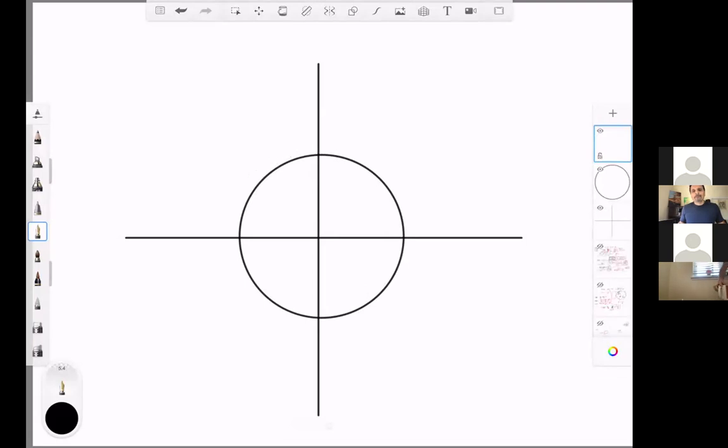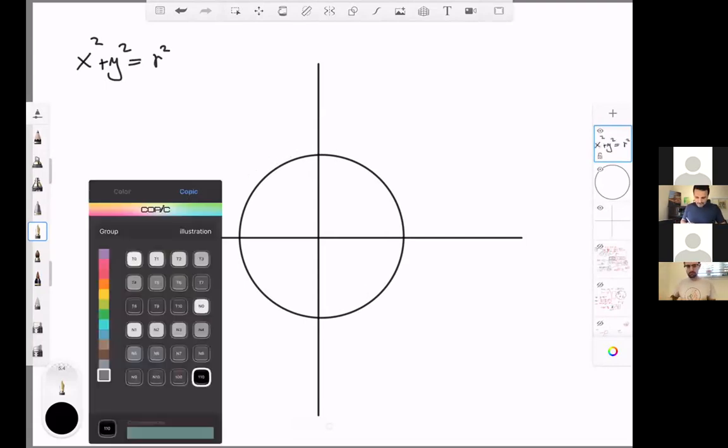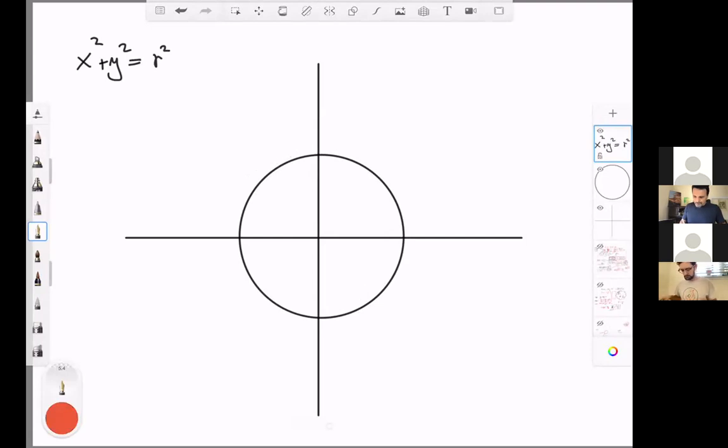This circle is the same as the first question that Karen asked us. The equation is x squared plus y squared equal to, not 16, I'm gonna call it r squared. That means that this is r.